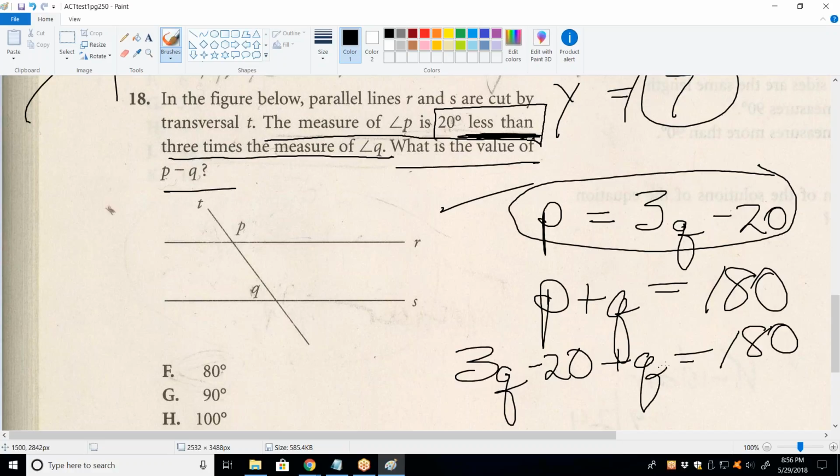Well, that's 4Q equals 200. Q equals 50. If Q equals 50 and P plus Q is 180, then P has to equal 130. Now, what's the answer? What's P minus Q?